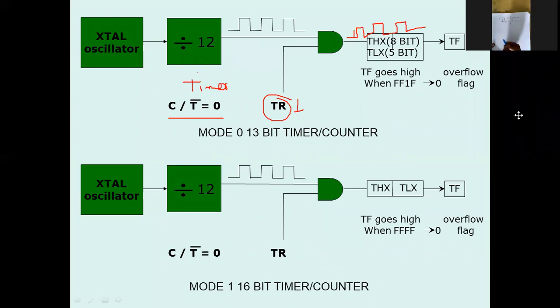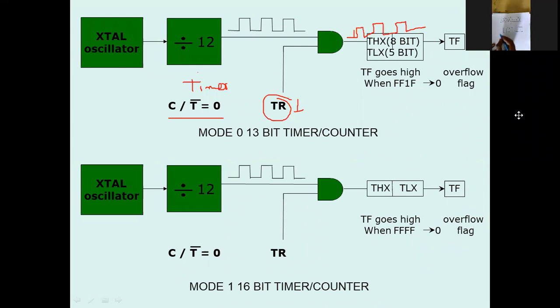So this is the higher part and this is the lower part of the timer. Lower 8-bit and higher 8-bit. Clear? So in the higher 8-bit, what will be the maximum value? All 1.